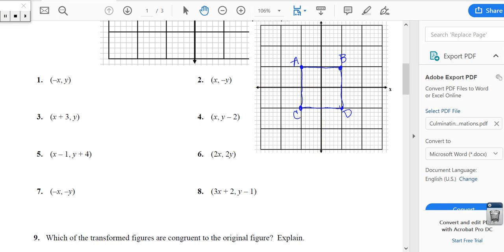The next one, here, you're going to have a horizontal stretch by a factor of 3.